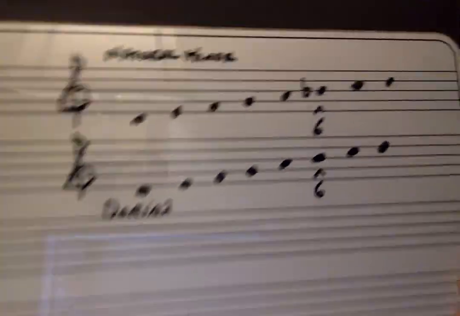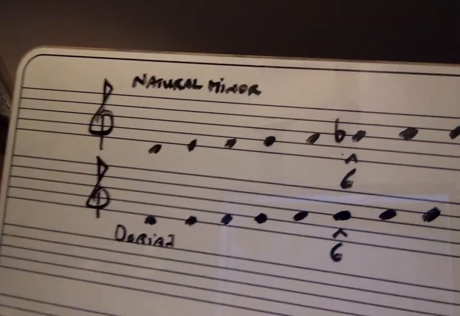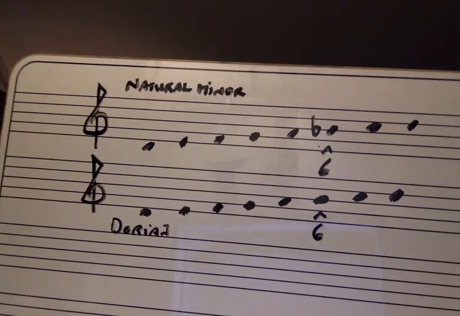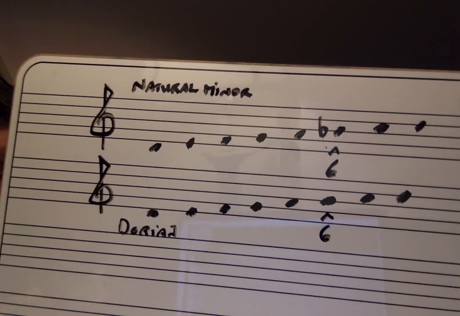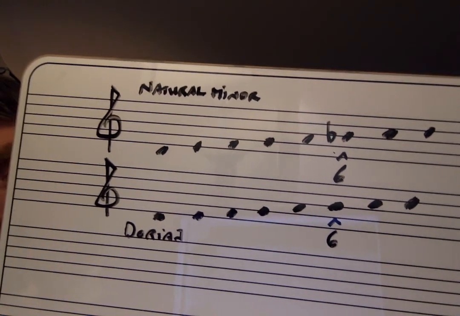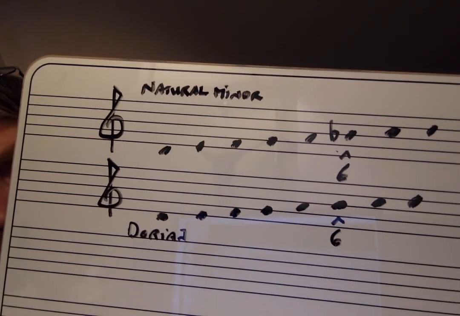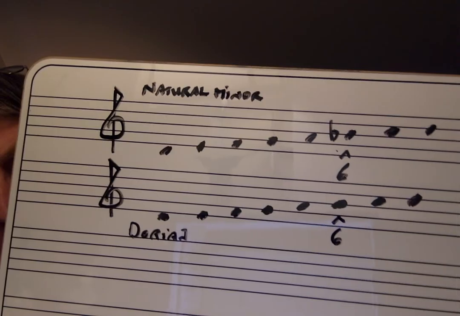You'll notice that when you have them both on D, the only thing that's really different is the 6th scale degree. The natural minor scale sounds like this. And the D Dorian mode.